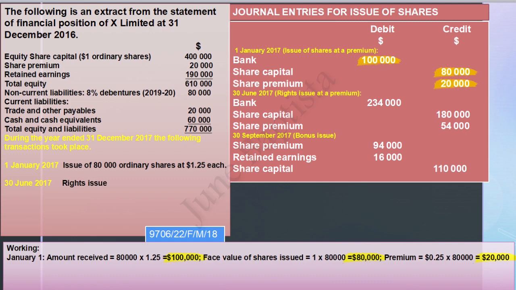There was a rights issue of 3 ordinary shares for every 8 shares held on this date at an issue price of 1.30. This was fully subscribed. Let us look at the working. June 30th.